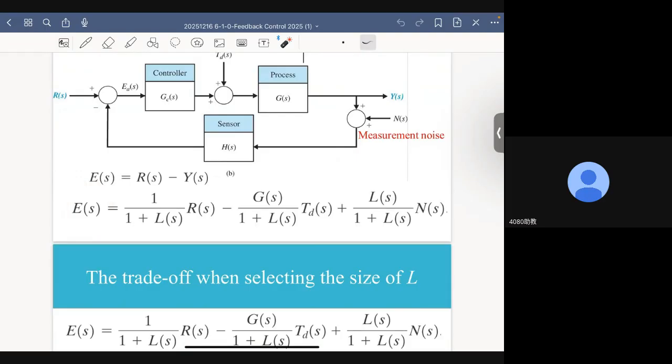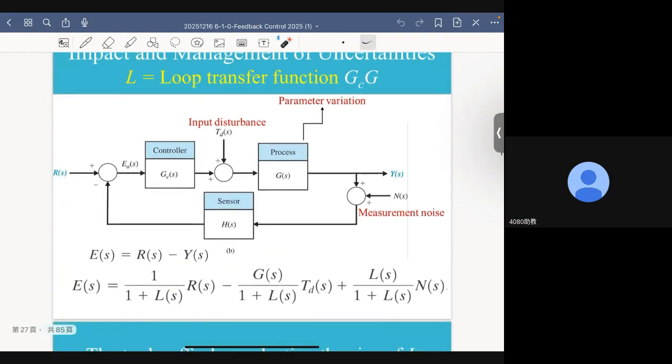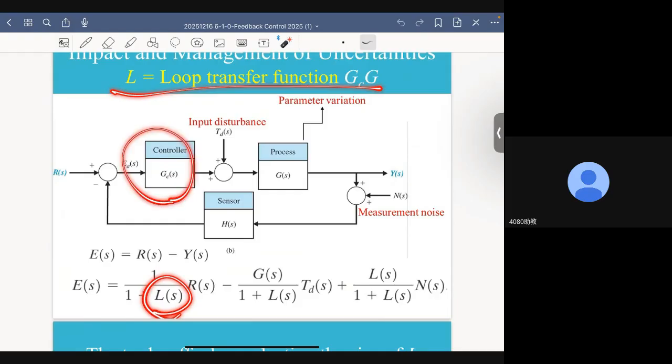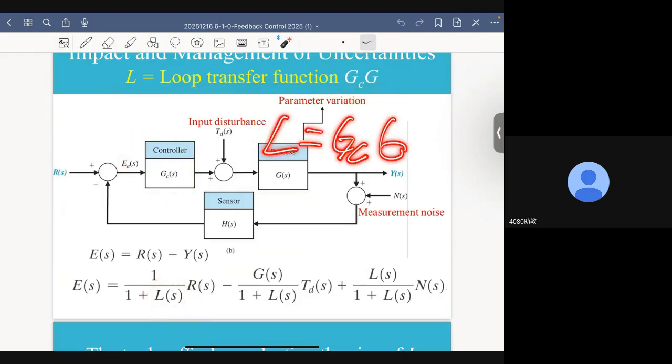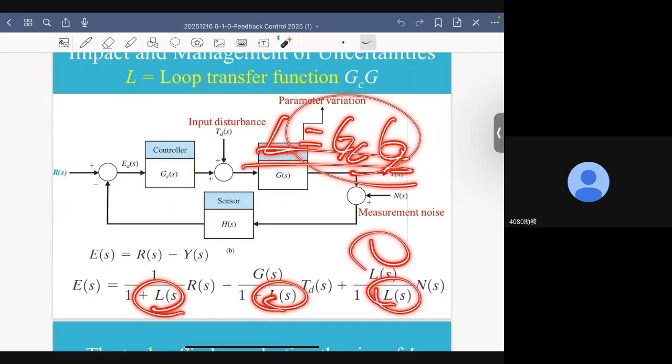One simple strategy is, oh, I forgot to mention that here L represents the loop transfer function, which is the product of the transfer function of controller and the transfer function of process. Okay, so L is equal to the product of GC and G. Okay, this L is equal to GC times G.